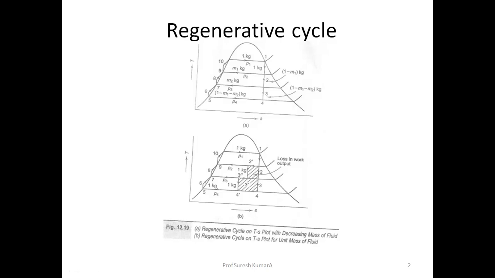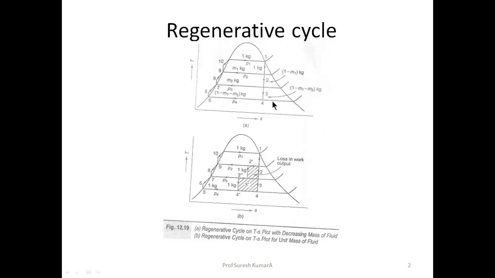2 to 3 is the further expansion taking place in the turbine. Here the mass is 1 minus M1 kg, which further expands in the turbine. At state 3 again M2 kg has been bled out. 3 to 4 again is an isentropic expansion.